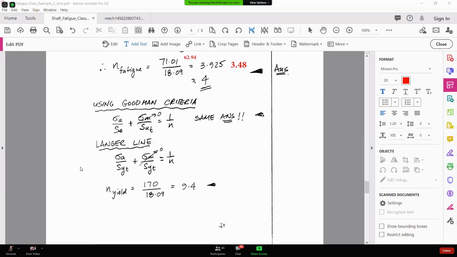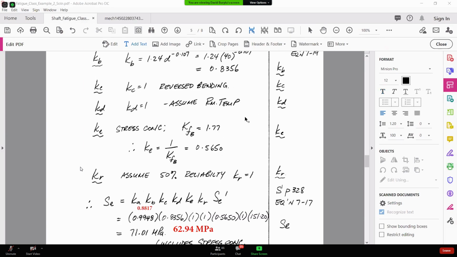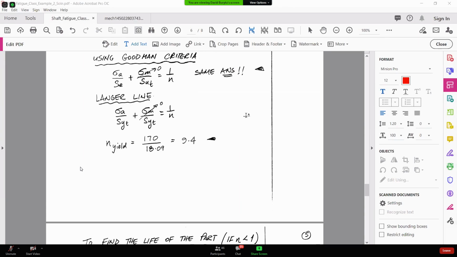So what you've got on the screen from Canvas is this solution here. With the older edition, you might want to update it or rewrite it with your 11th edition.